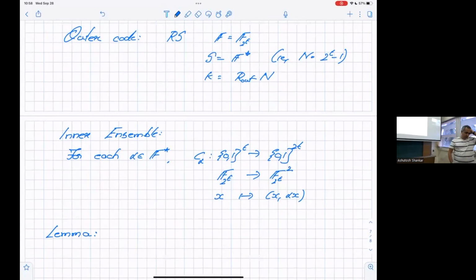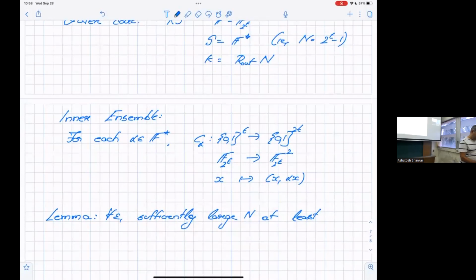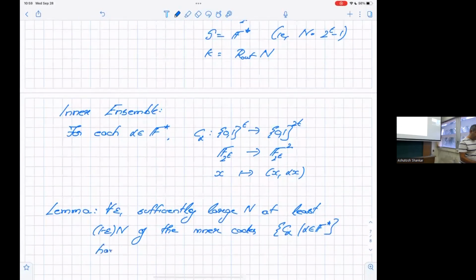So the lemma which we are going to do is: for all epsilon sufficiently large, at least 1 minus epsilon n of the inner codes C alpha, alpha in F star, have good distance.